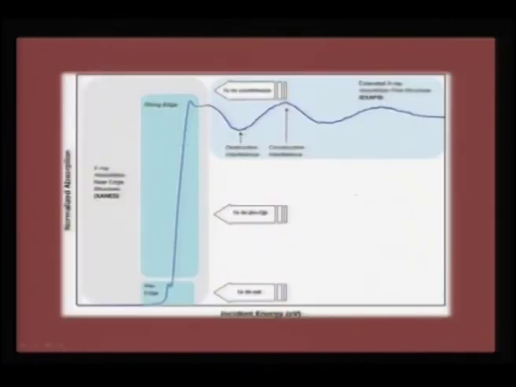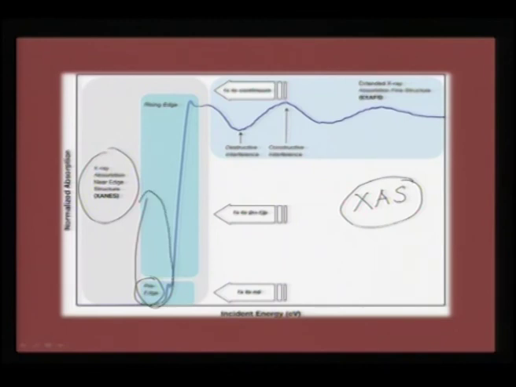So, just to map what are all the different studies that we can do in XAS, we can talk about a pre-edge, which can be characterized here as X-ray absorption near edge structure, XANES, and this is the region where you can map the information that you are getting. In fact, you would get several features around this edge. This is the region where you play around for X-ray absorption spectroscopy.